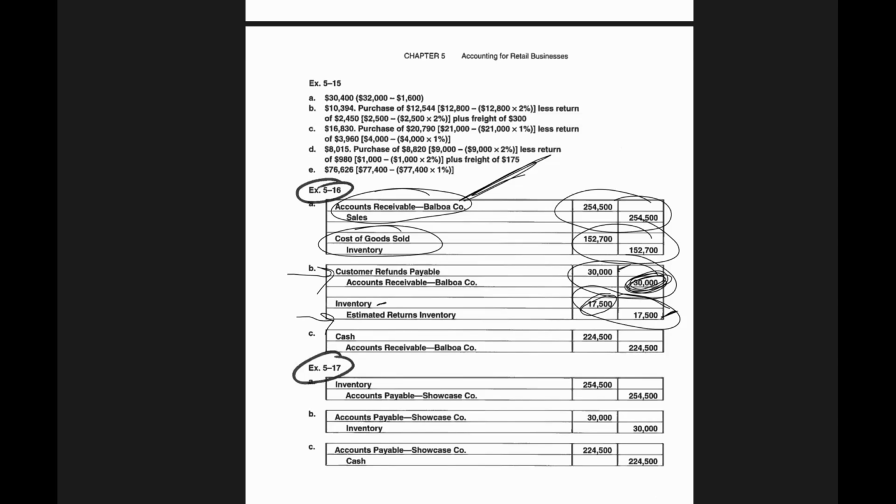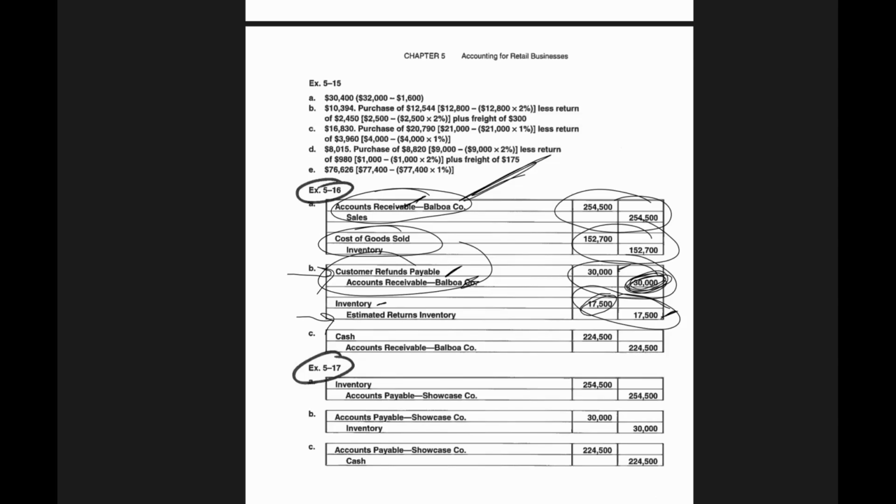I'm just going to point something out here for what other companies might use instead of some of these new accounts. And this will make sense after you see it. If you look at letter A, we debit AR, we credit sales. So you return it, you essentially are doing it right here in letter B, the first part, where you remove the receivable, because you put it in there, now you remove it.